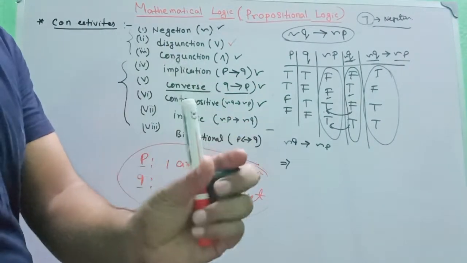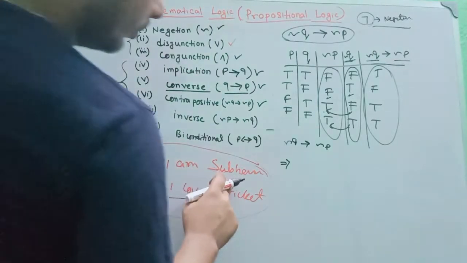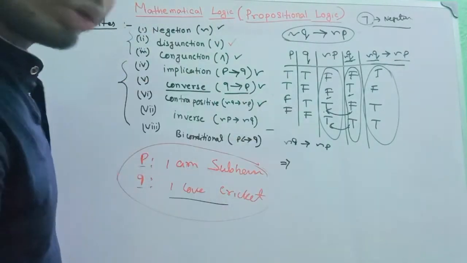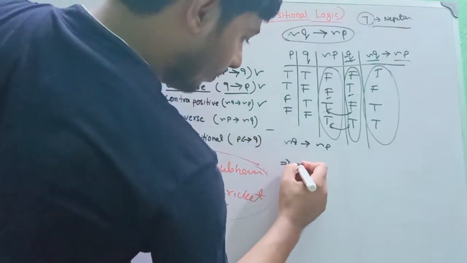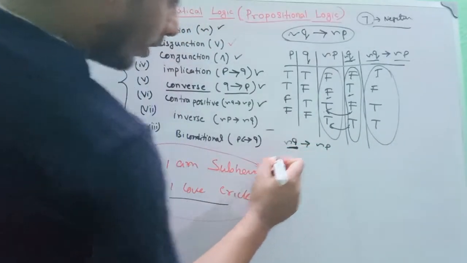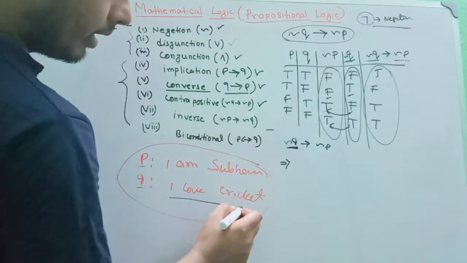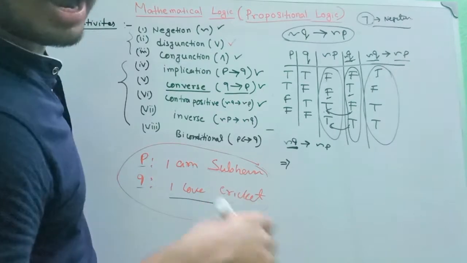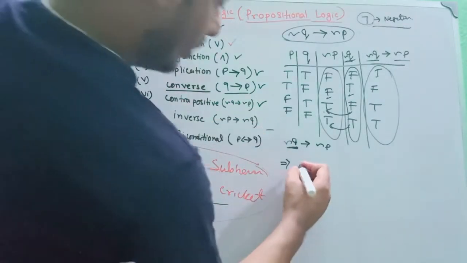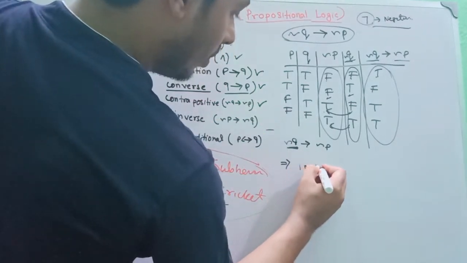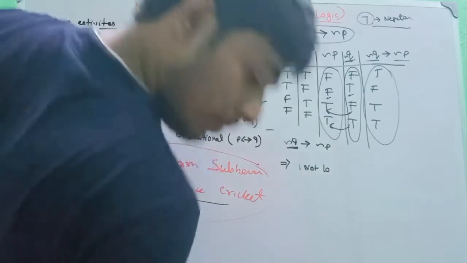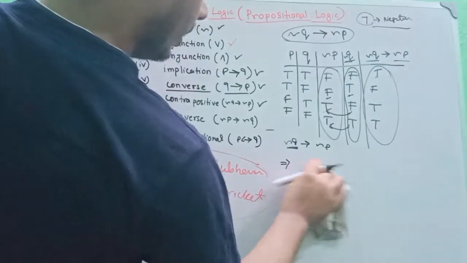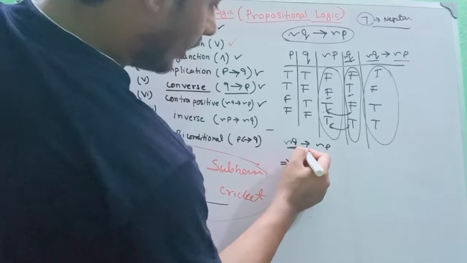I am Shubham, so I am not Shubham. Q means I love cricket, so not Q means I do not love cricket. Before that we have to use this implication.